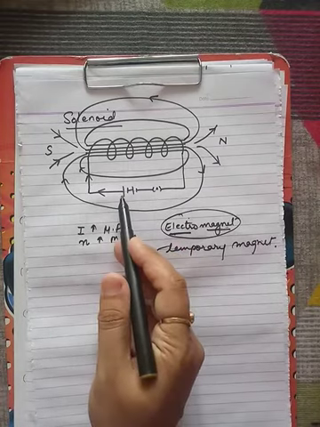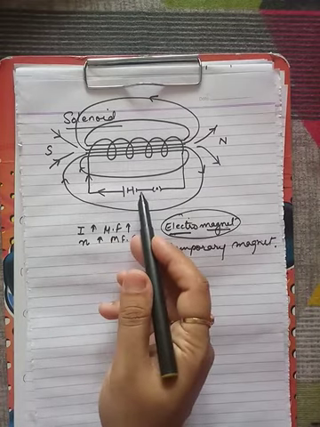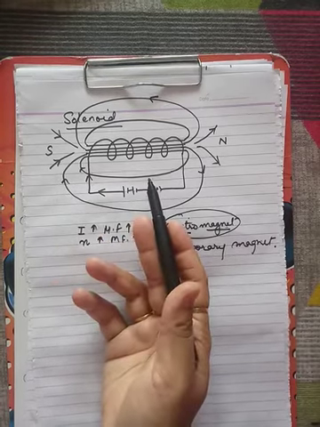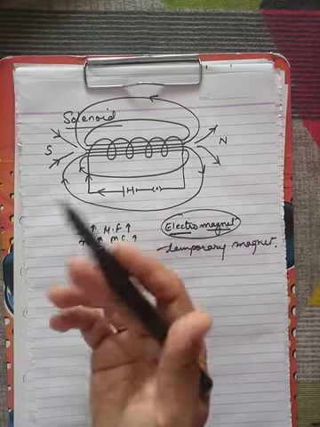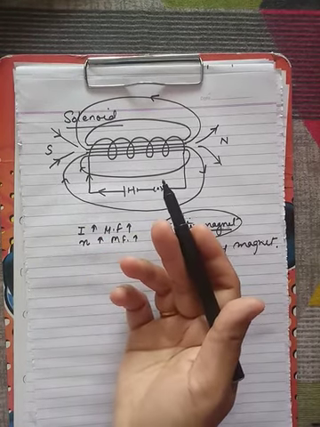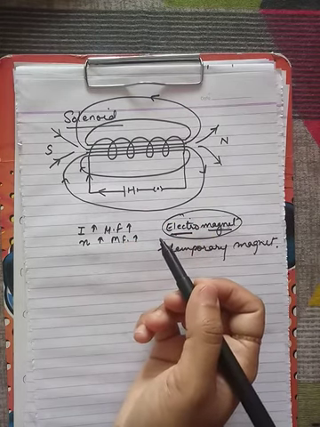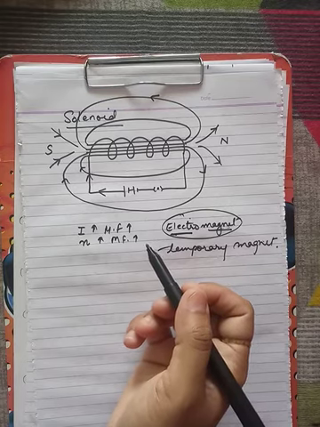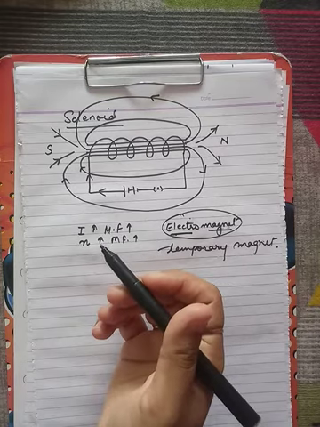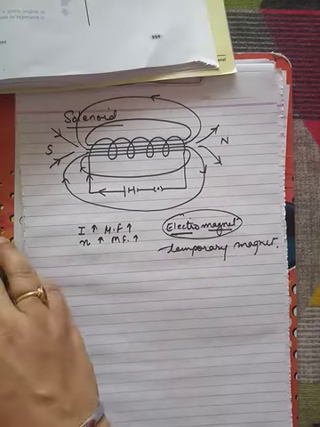In this case, just to interchange the terminals of the battery, then the current direction reverses, and then north and south poles are also reversed. In that manner, we can easily use these type of electromagnets. So it is very important application of the solenoid concept.